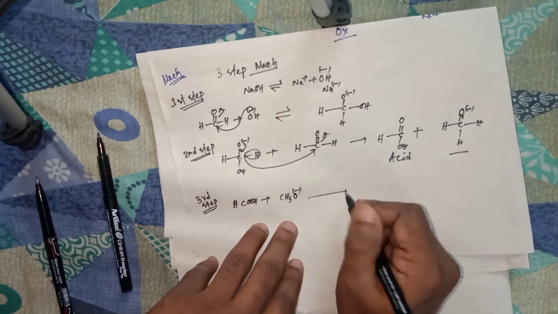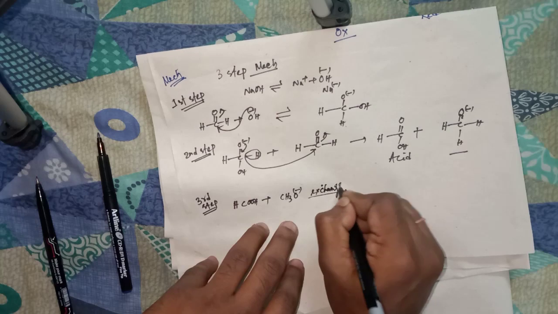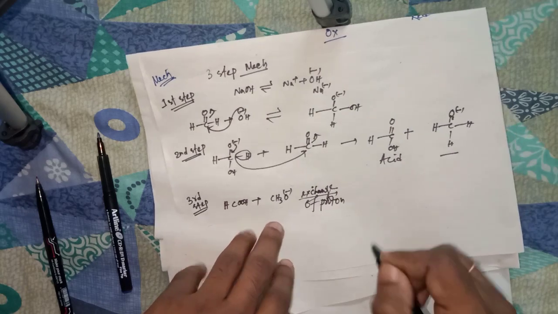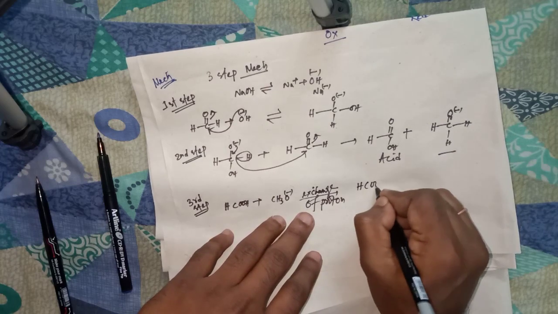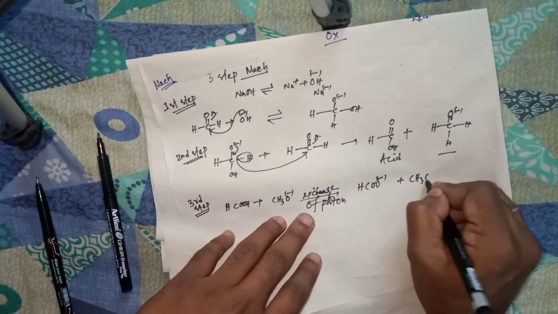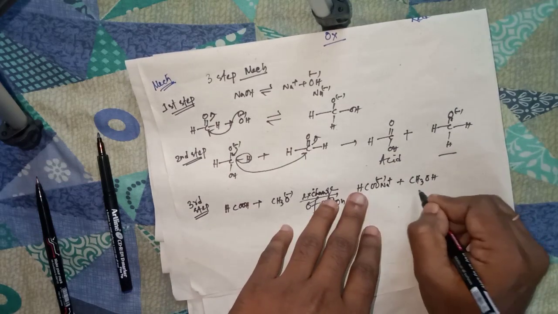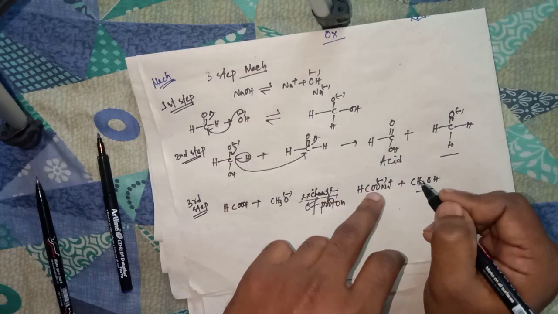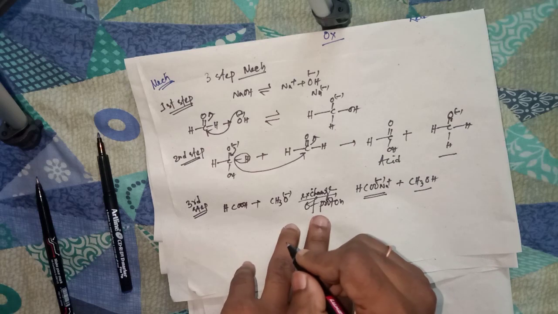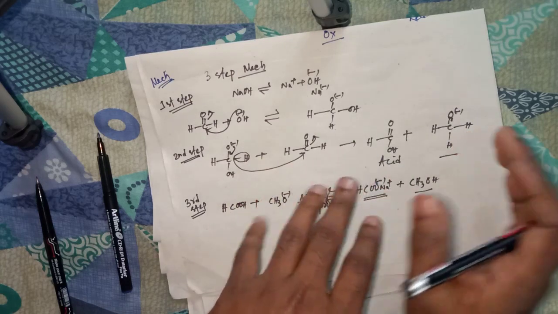It forms HCOO minus and CH3OH. This is an alcohol, and with Na plus present, this is sodium formate. So this is the mechanism of the Cannizzaro reaction.